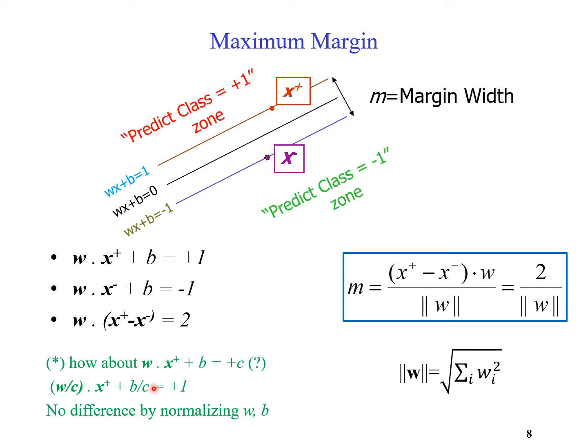So simply put, there are two parallel lines, and we can assume the right hand side is 1 or minus 1. Basically we can normalize it, and this makes our computation much simpler.